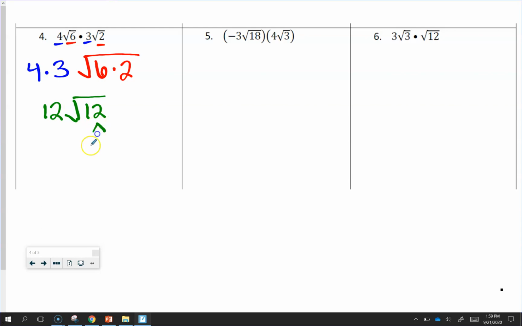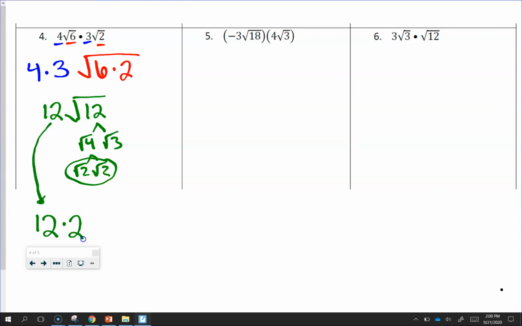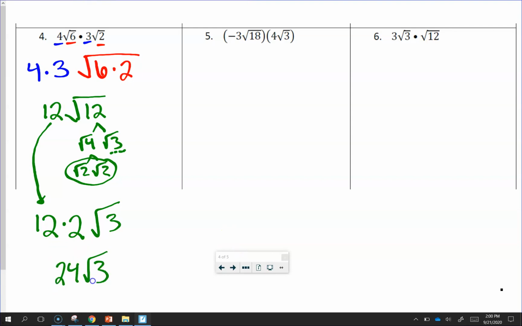Break apart 12. I can break it apart to be 4 and 3. I can break apart 4 to be 2 and 2, right? So Mama's rule says a 2 gets to come out of the house. Remember, there's already a 12 outside of the house. So now I'm bringing a 2 outside of the house, but this 3 is still inside. So this will simplify to 24 square root of 3.